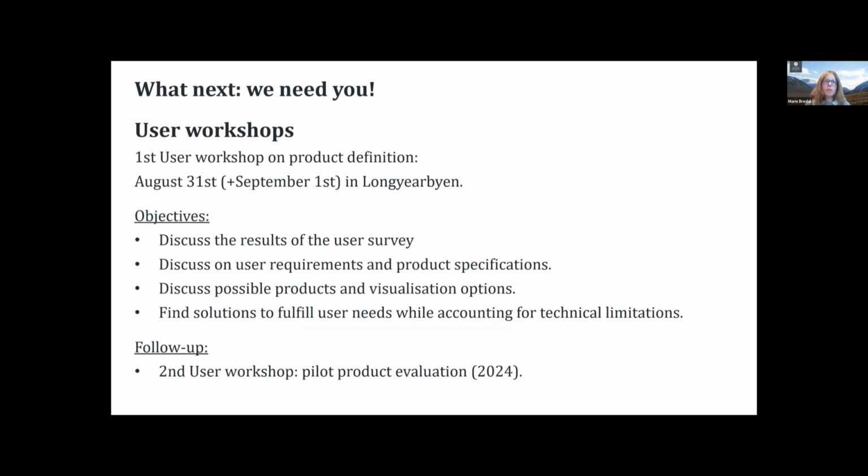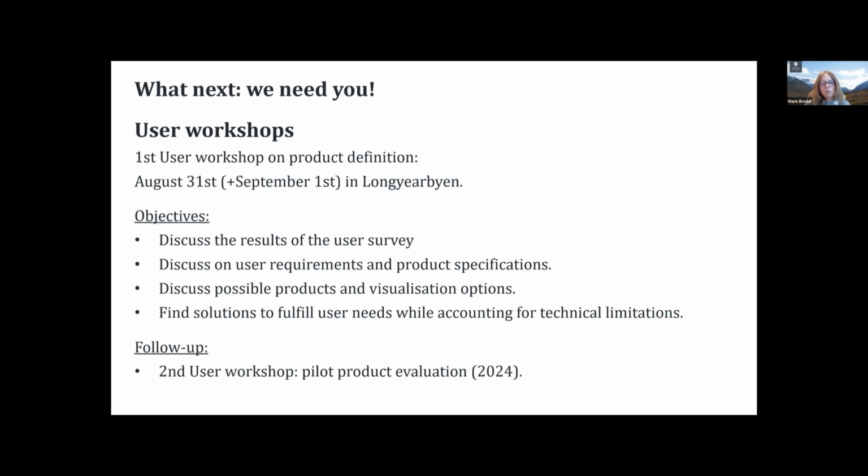This first user workshop will be in Longyearbyen, August 31st, and maybe also parts of September 1st, depending a little bit of who's coming and how many and such. And the objective of this workshop is to discuss the results of the user survey and discuss more in detail on the user requirements and specifications that you would like, and discuss possible products and different visualization options that might fit different applications.